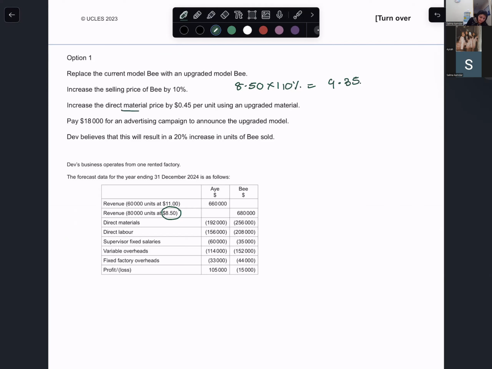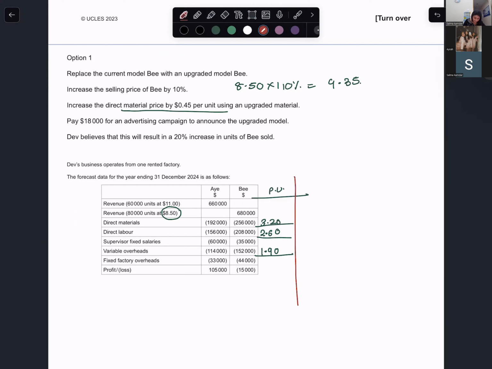What else? Increase the direct material price by 0.45 per unit using an upgraded material. So direct material original price was how much? It was 3.20, right? Direct labor was 2.60 and variable overheads per unit was 1.90, correct? What is he telling?